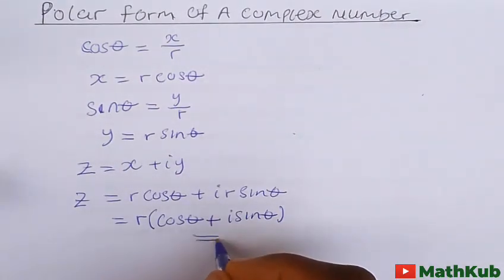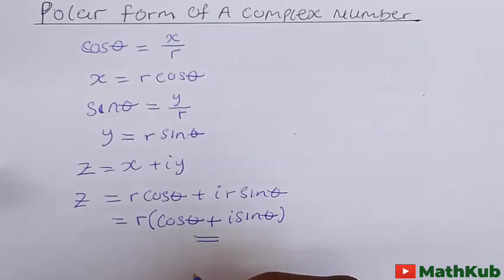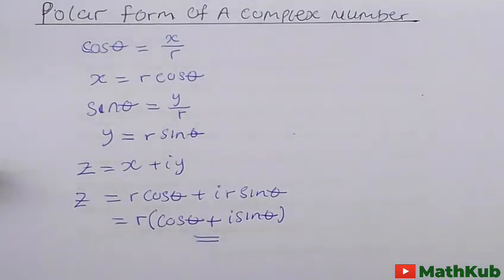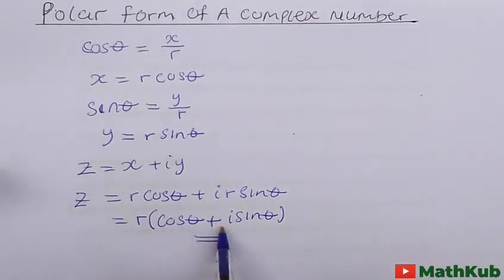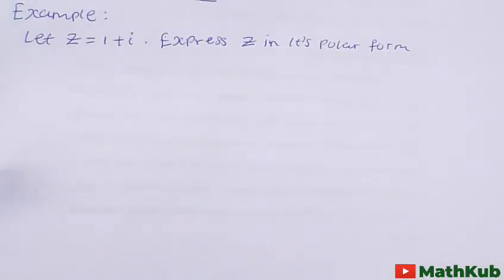This is the polar form of a complex number. Any complex number can be expressed in its polar form, and this is the general form of the polar form of a complex number.